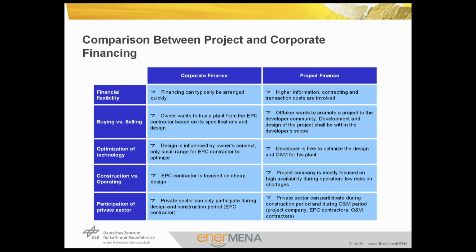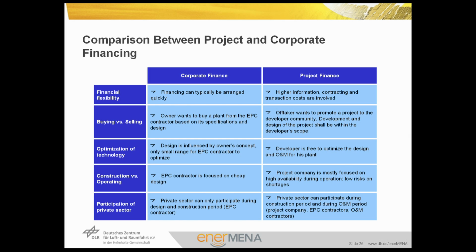An important point is the scope of optimization of technology, which varies between the two models. In the EPC model, the design is influenced by the owner's concept. Often there is a defined EPC tender with procurement and engineering principles, which should be followed by the EPC contractor.